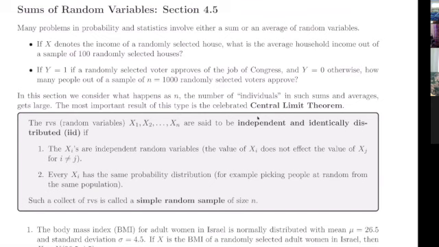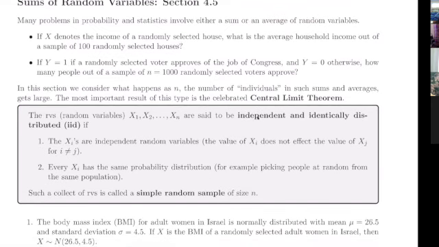So what you can think about is we have a population, and each of these xi's represents a value that we pick from that population.